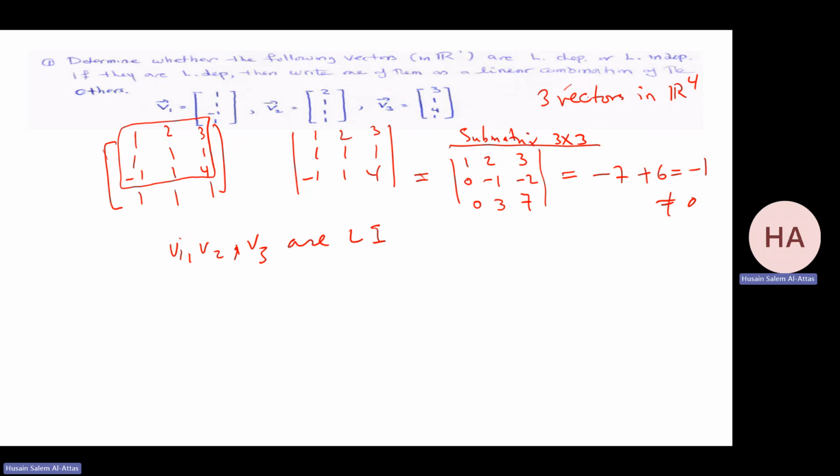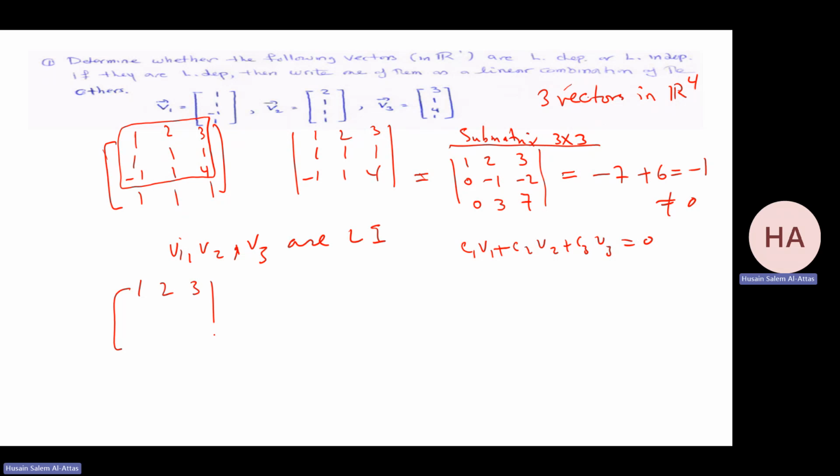You can check it through the C's, solving this. All C's should be 0 for these 3 vectors. If you want, we can check that. Yeah, let me check that.